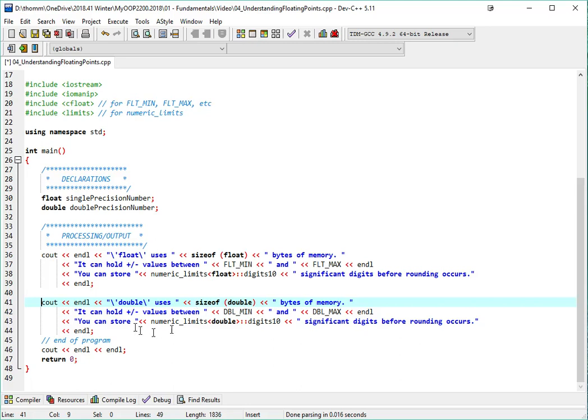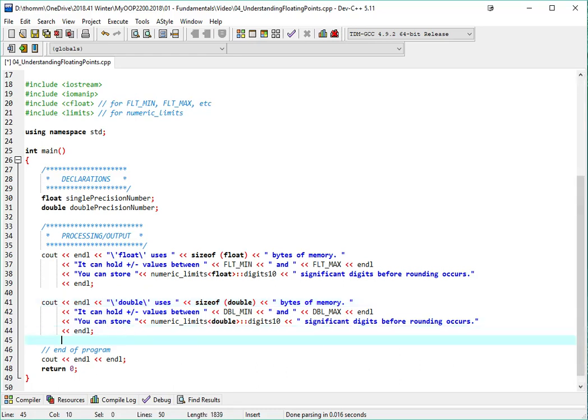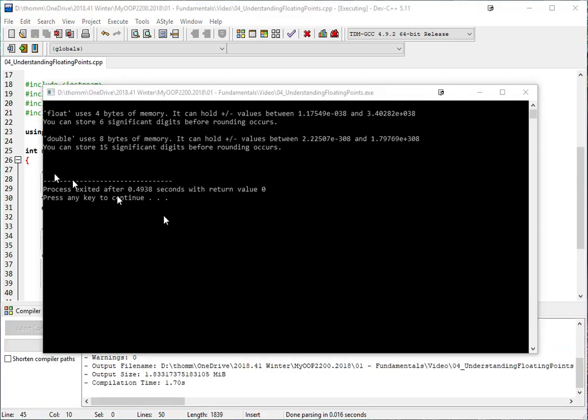This time I'm using sizeof a double, and numeric_limits based on a double to give us the significant digits, and the minimum and maximum values are DBL_MIN and DBL_MAX. We'll run this and see what things look like for a double. A double uses 8 bytes of memory, which is 64 bits.